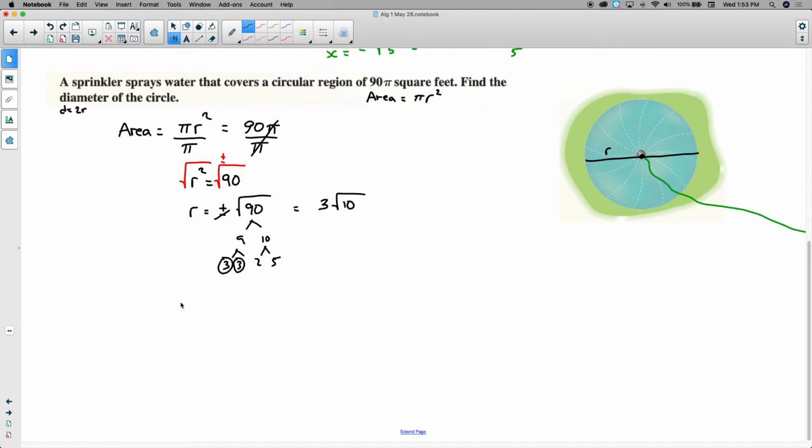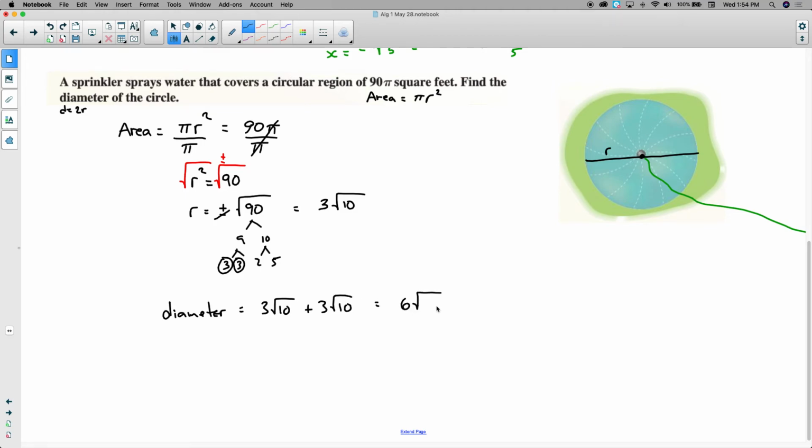And then either radius plus radius, or we want to get the diameter. Why don't we do radius plus radius? I was going to multiply it by 2, but this will reinforce the idea of you can add like radicals.